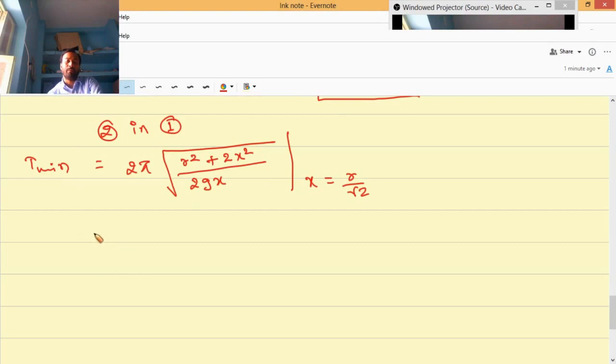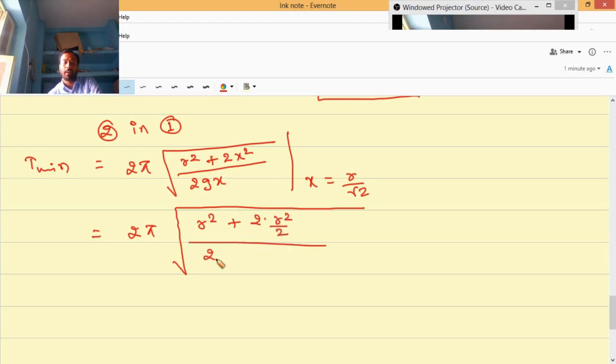So the value for t minimum will be 2 pi under root r square plus 2, at the place of x square we can write r square by 2, and in the denominator part it will be 2g and r by root 2. So this value will be written as root 2 only.